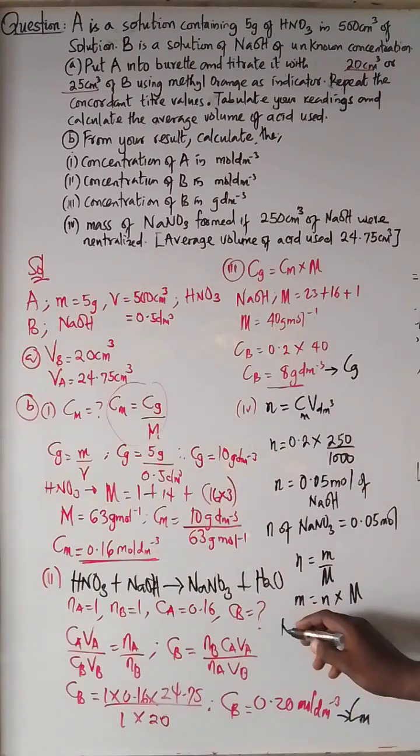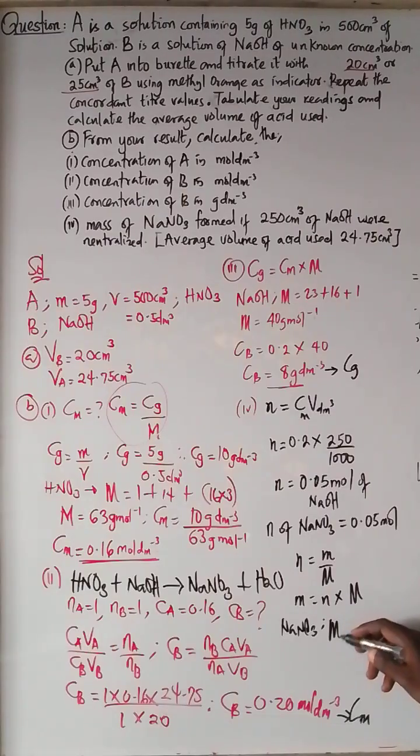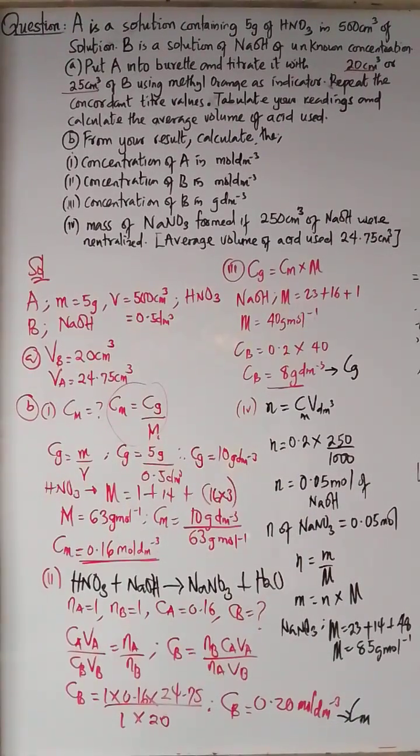So for sodium nitrate now, NaNO3, its molar mass equals sodium 23, nitrogen 14, oxygen 16 times 3, that is 48. From there, we get the molar mass of sodium nitrate to be 85 gram per mole.